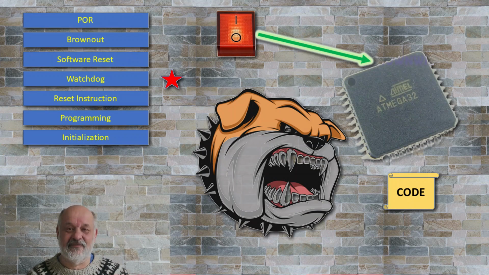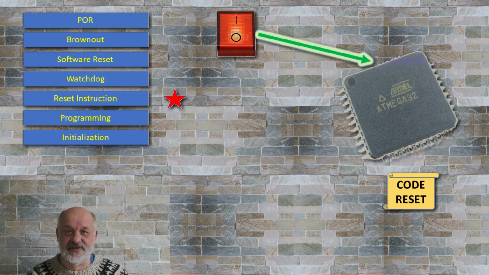What watchdog really does is a software reset, and as I already told, it's very different from hardware reset. Then there is a specific reset instruction, and this one you can also use intentionally to reset your system. All these software types of resets are usually not desirable.